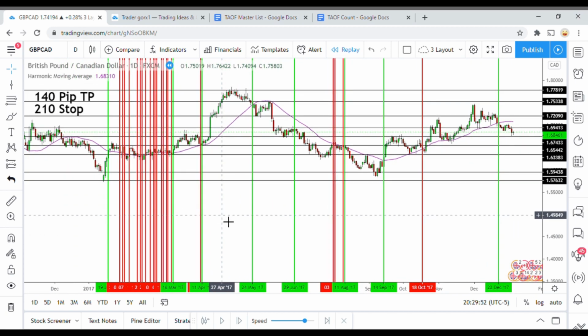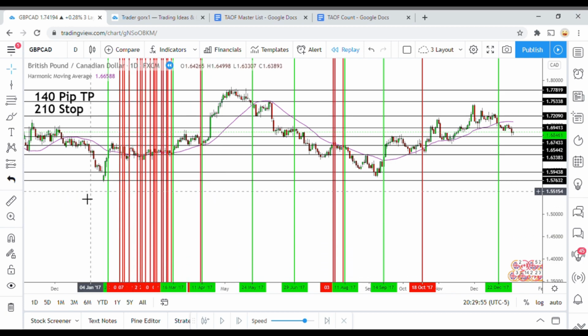But let's go ahead and count them out just so that way everybody has the count. So we have 1, 2, 3, 4, 5, 6, 7, 8, 9, 10, 11, 12, 13, 14, 15, 16, 17, 18, 19, 20, 21, 22, 23, 24, 25, 26, 27, 28, 29, and 30.